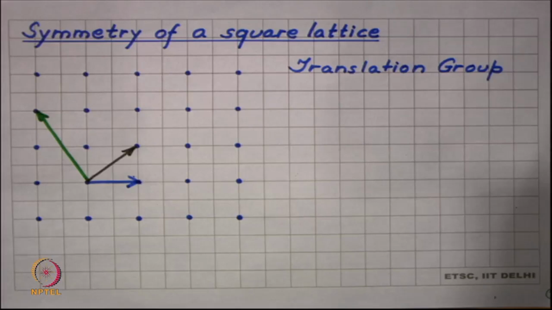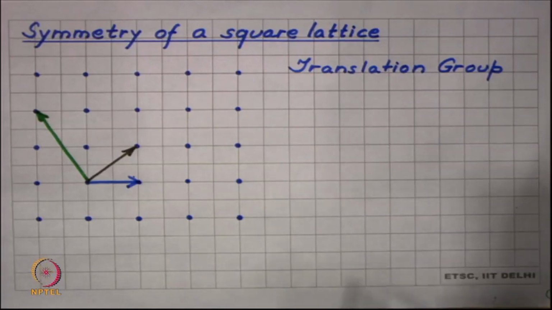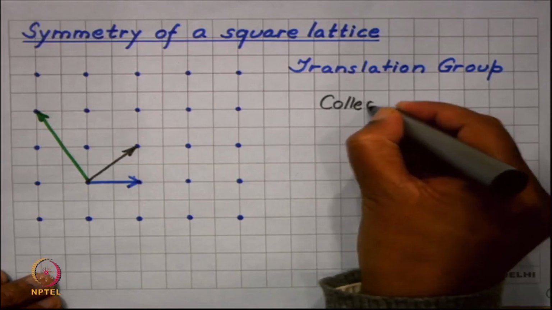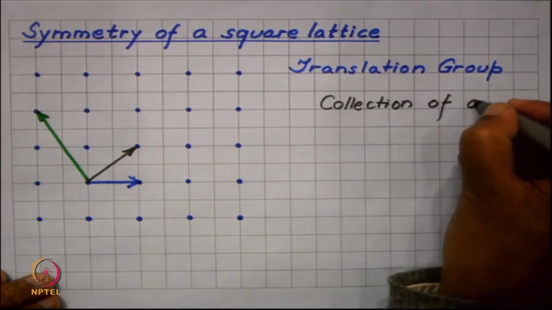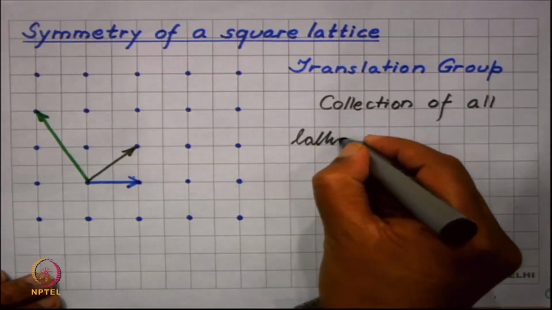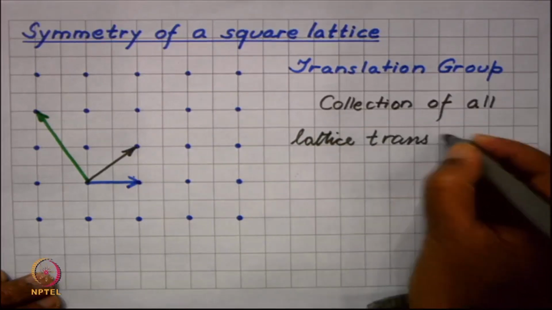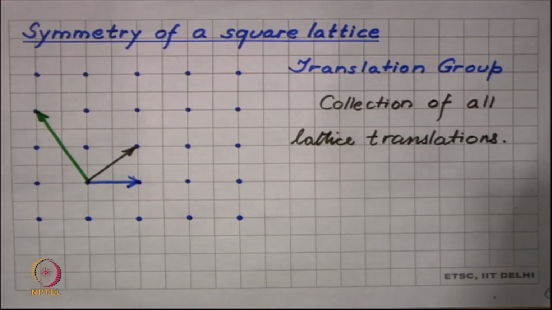A collection of all these translational symmetries is called the translational group of the lattice. Translational group: collection or group of all lattice translations.